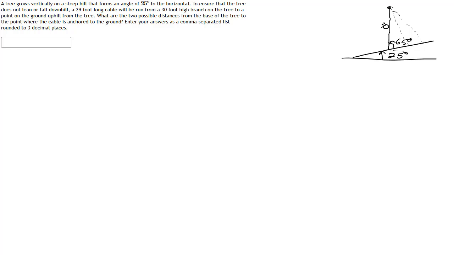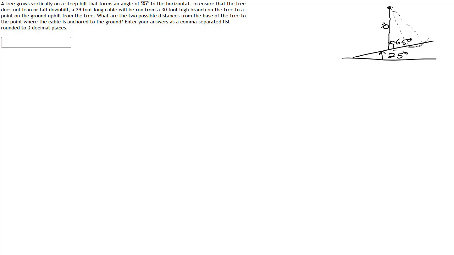If you visualize a 29-foot pendulum, it would swing something like that from this point, and these are the two points where it would intersect the hillside, so to speak. Because of that, it creates two different triangles, and we have to solve each one individually.